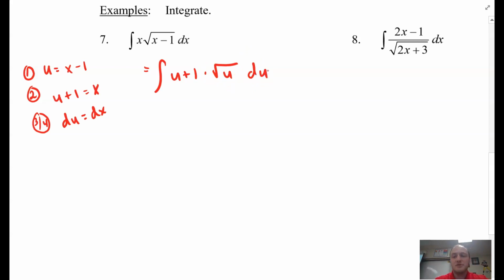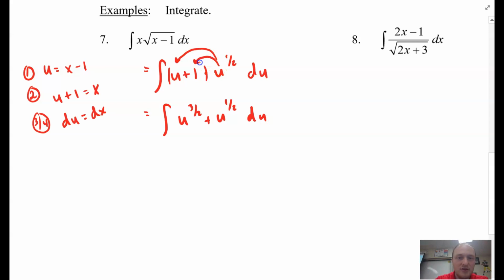So all I did was substitute, and I kind of don't like the radical, so u to the power of 1/2. Now what I'm going to do here is distribute. So I have u to the power of 3/2 plus u to the power of 1/2, and this is du. All I did was distribute this in.